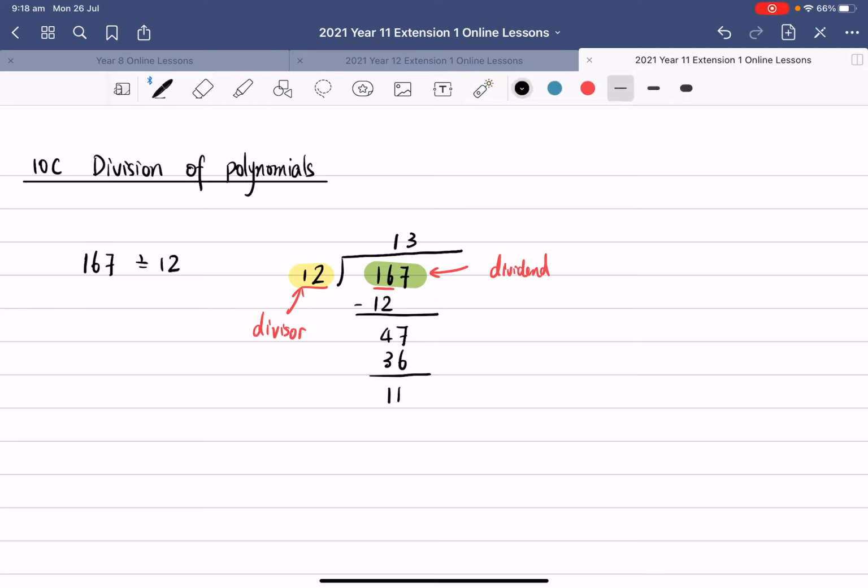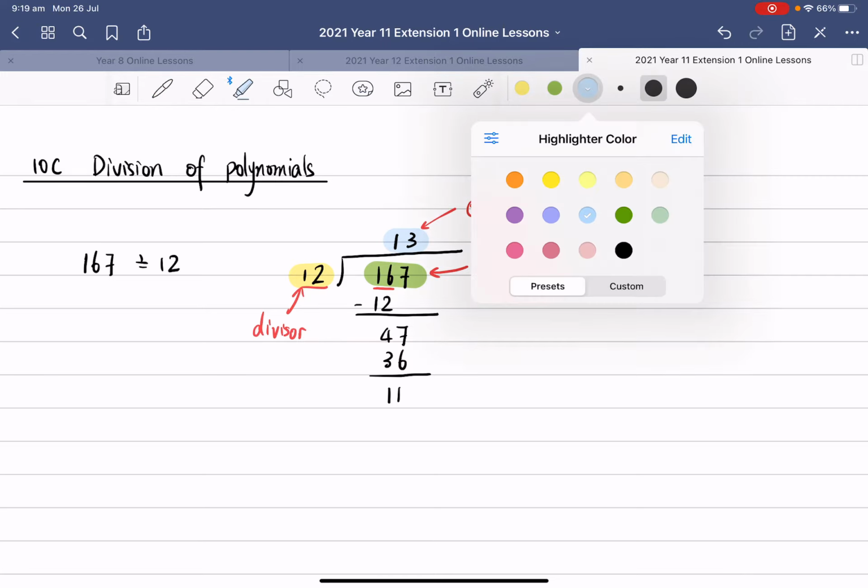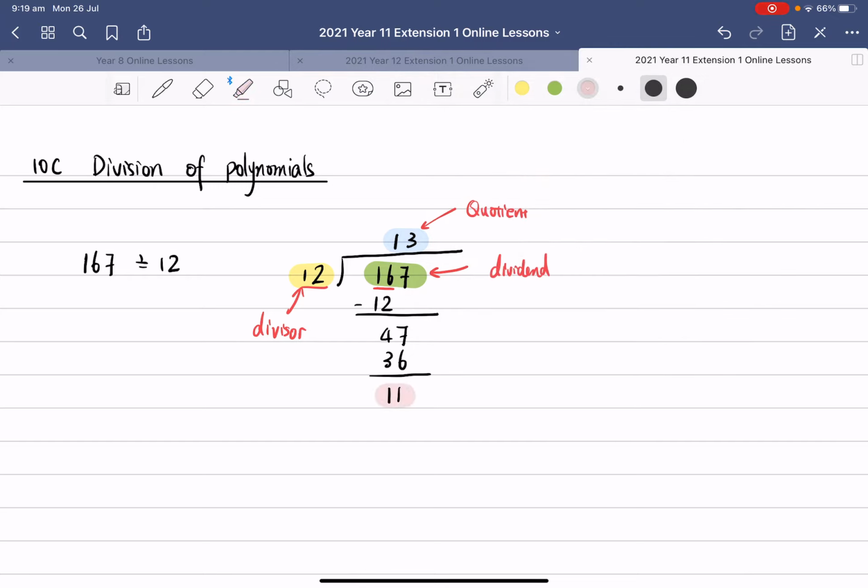But if we just stop at this point and highlight everything we have here, the number here is called the quotient. And the last one, the number at the end, which is the number we have remaining, is called the remainder. Now it is extremely important that you know the name of each number here.